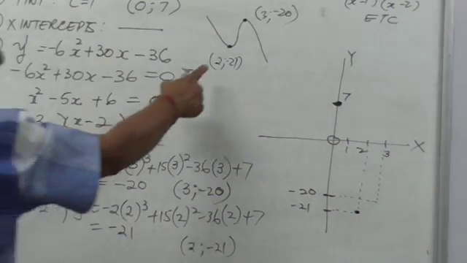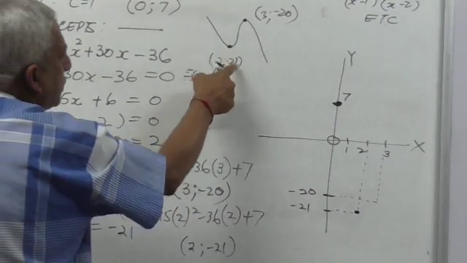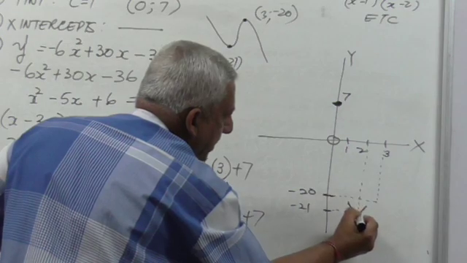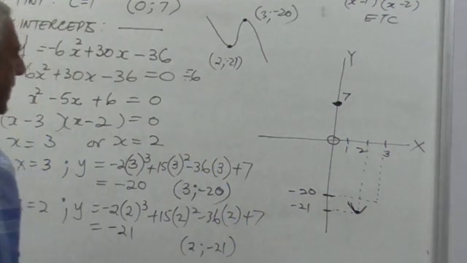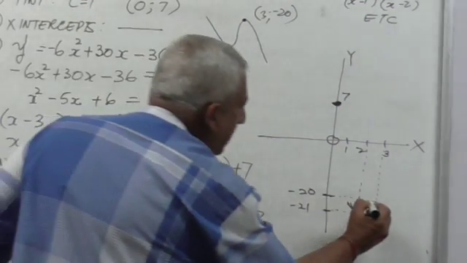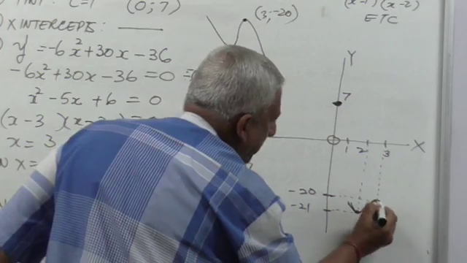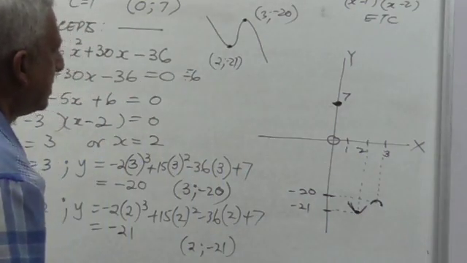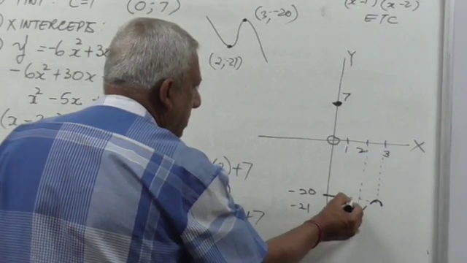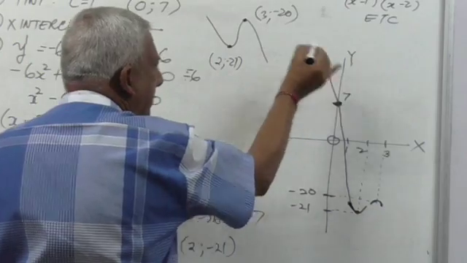At 2 the graph goes this way. At 3 the graph goes the other way. So if I draw this graph, from here it must go up to 7 and out there.